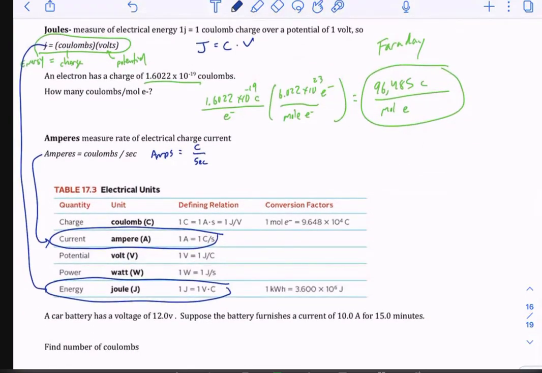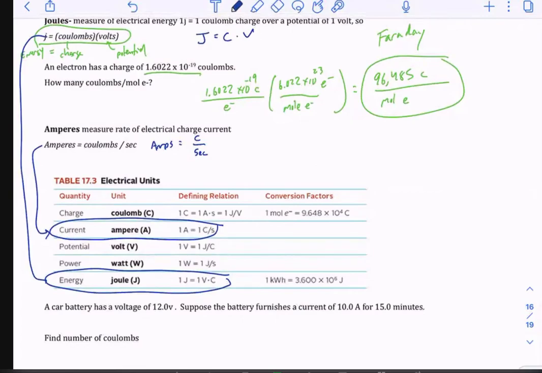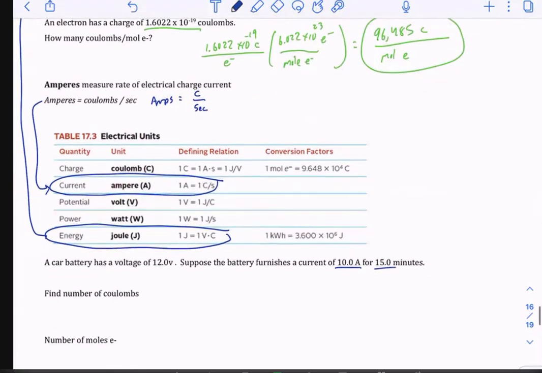So let's apply these terms and see if we understand how to use them. Let's say we have a car battery. A car battery is typically a 12-volt battery. Suppose the battery furnishes a current of 10 amps for 15 minutes. They want to know two things: the number of coulombs and the number of moles of electrons. For the number of coulombs, we know the current and we know the time, so we can set up with the amps. 10 amps is really 10 coulombs per second.